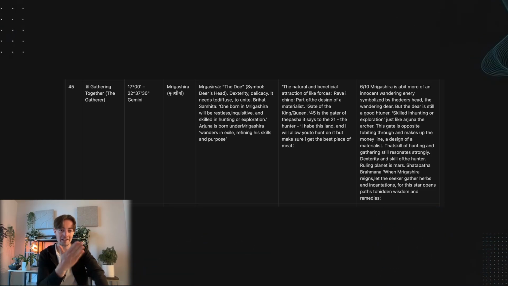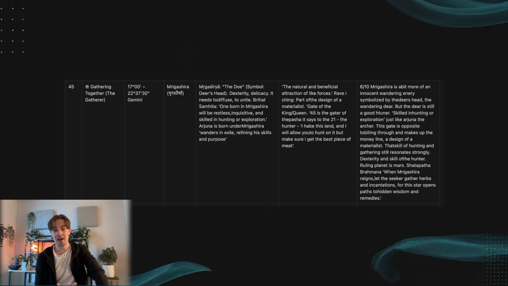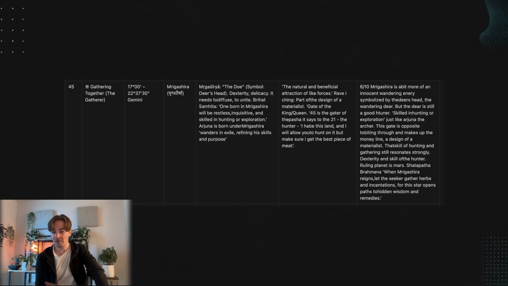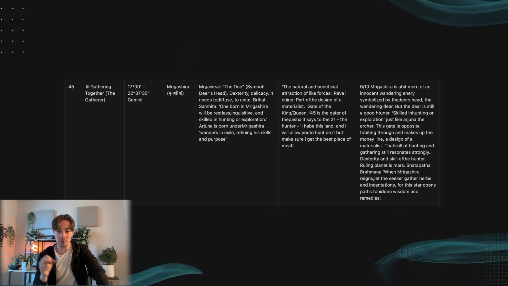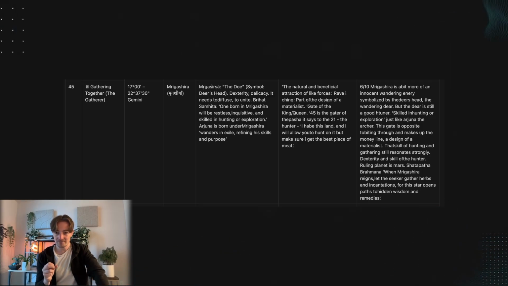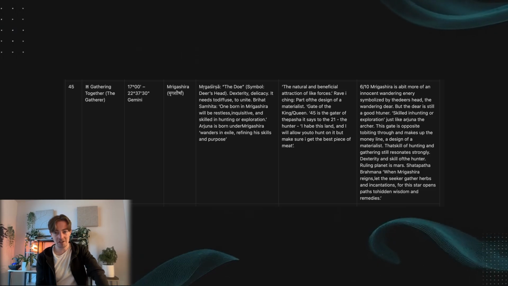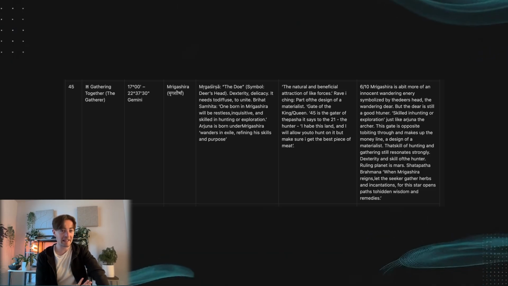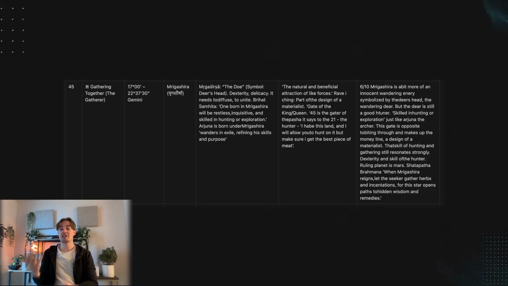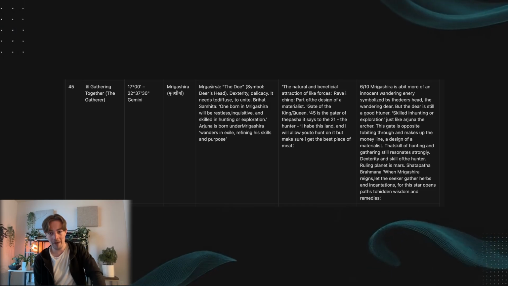So we have not only this gate of gathering together in a sign of Gemini associated with fast movement, going out and about, going from A to B, in a restless nakshatra, which is associated with skill in hunting. And it's opposite the gate of the hunter in the human design system. You've got the gate of the hunter and then the gate of the gatherer, making this archetype of hunting and gathering. So there's a really strong match here, I think.